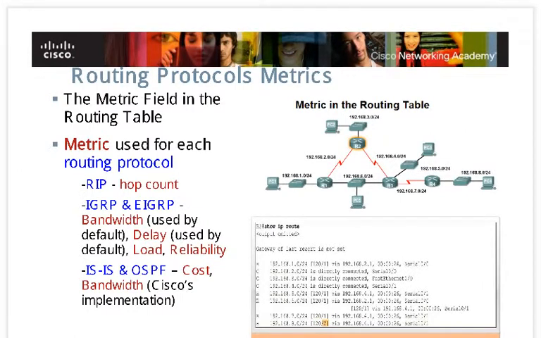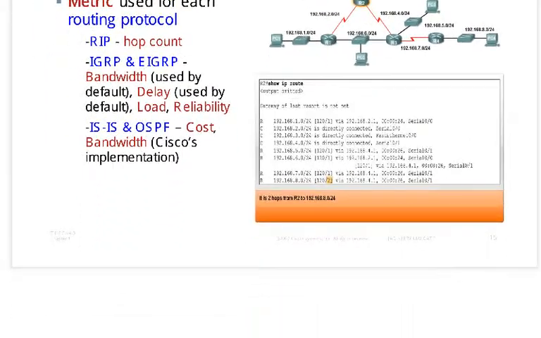So the metric field in the routing table is indicated here. So this is the metric. As we said before, the routing table contains two very important pieces of information. This is how you read it: in order to reach this destination, this is the distance between you and this destination, and you have to go via or through this network, the next hop.